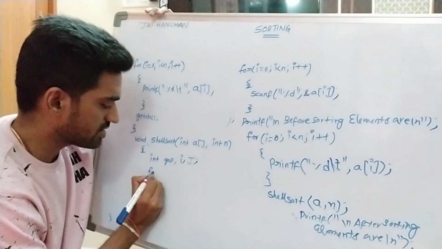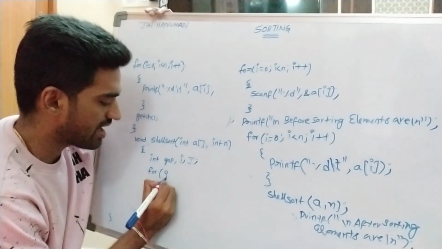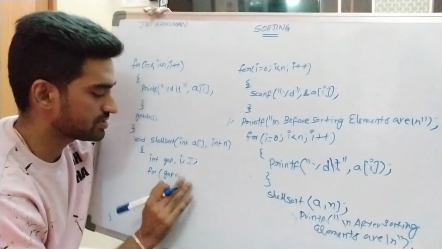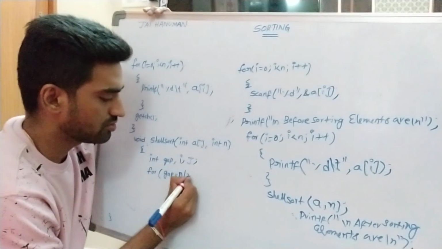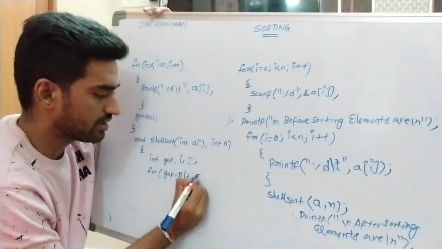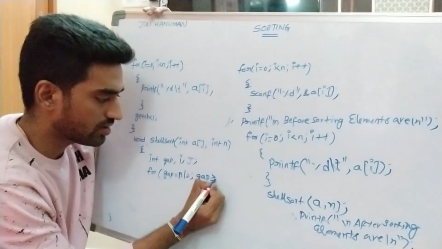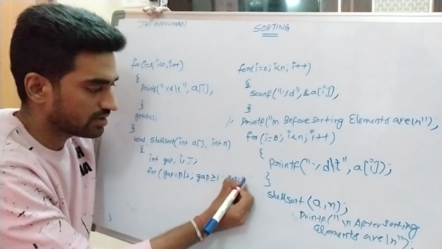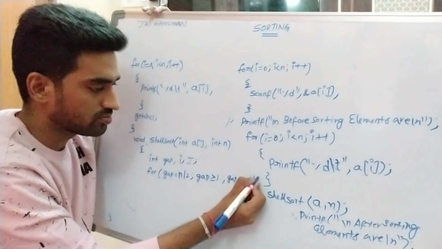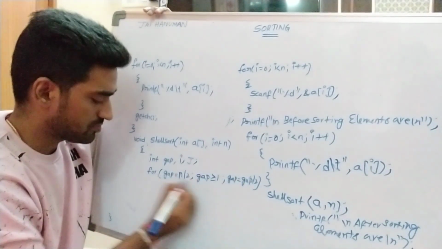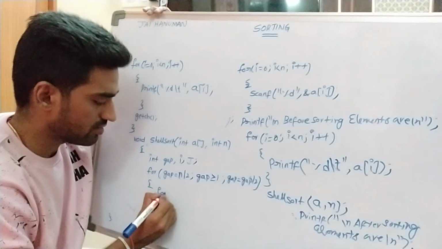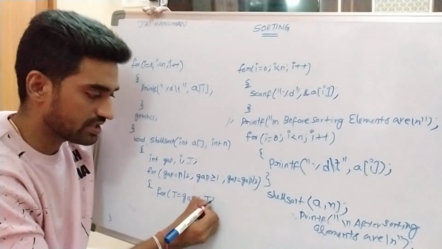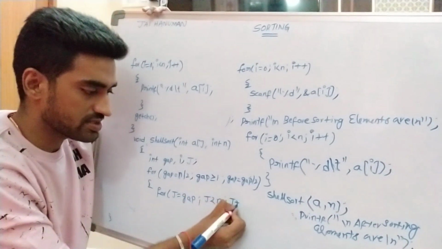First of all, the loop: for gap is equal to n by 2, gap greater than or equal to 1, gap is equal to gap by 2. Once this condition becomes true, we check one more for loop: for j is equal to gap, j less than n, j plus plus.